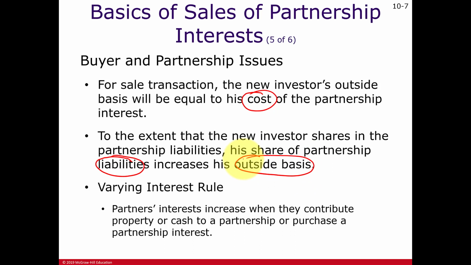So we cannot just look at the capital account, the owner's equity for that partner in the partnership's books. Each partner should be responsible to keep track of their own partnership basis, their adjusted basis.